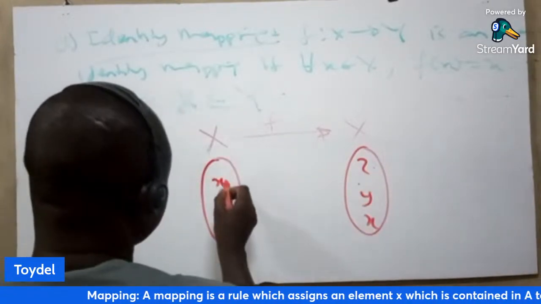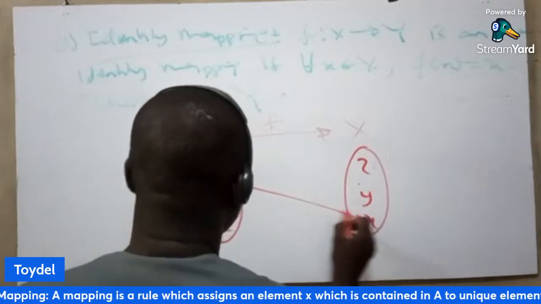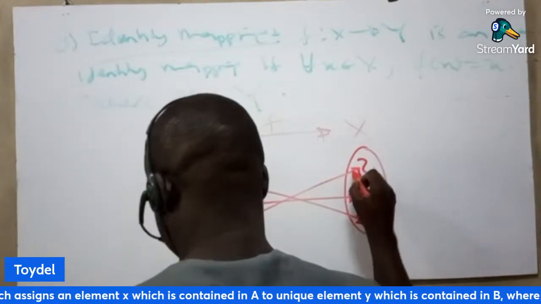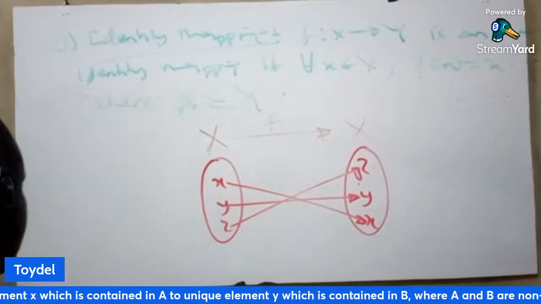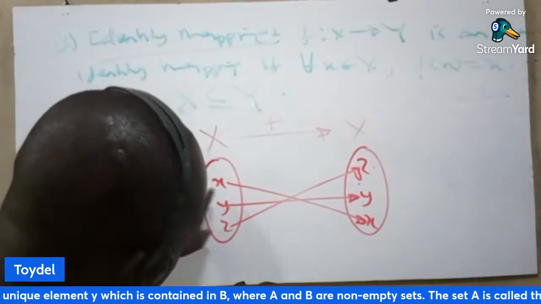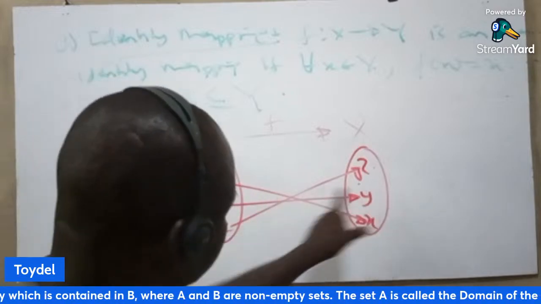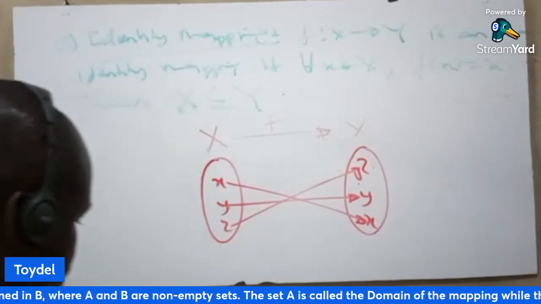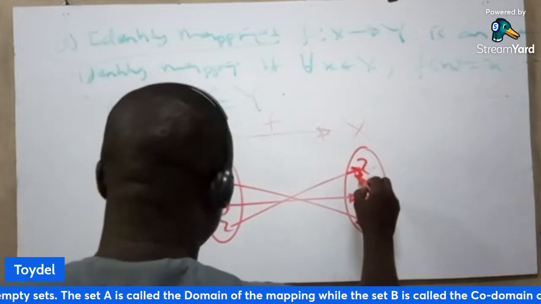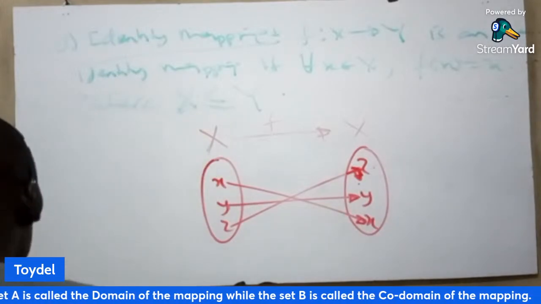So this is the relation x to x, y to y, and z to z. In this case, it is both onto and one to one, that is x to x, y to y, z to z. So it is both one to one and onto in the sense that all the elements here have something being mapped into them. Okay, so it has a unique property.